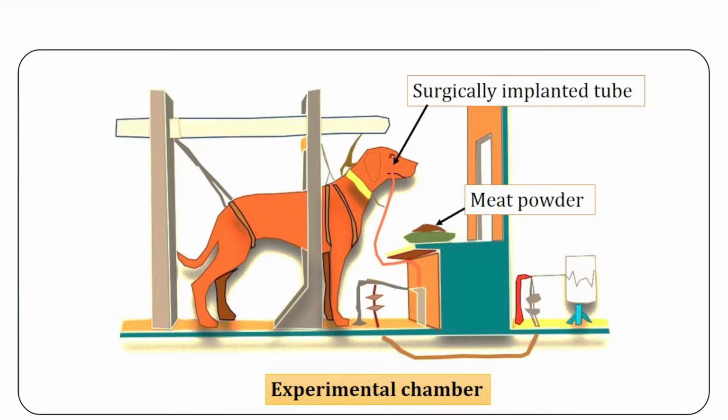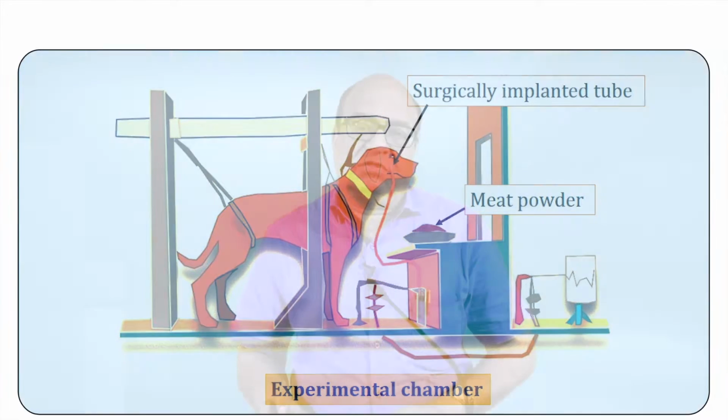Over time, he noticed that his dogs began salivation before the meat powder was even presented, whether it was by the presence of the handler or merely by a clicking noise produced by the device that distributed the meat powder.